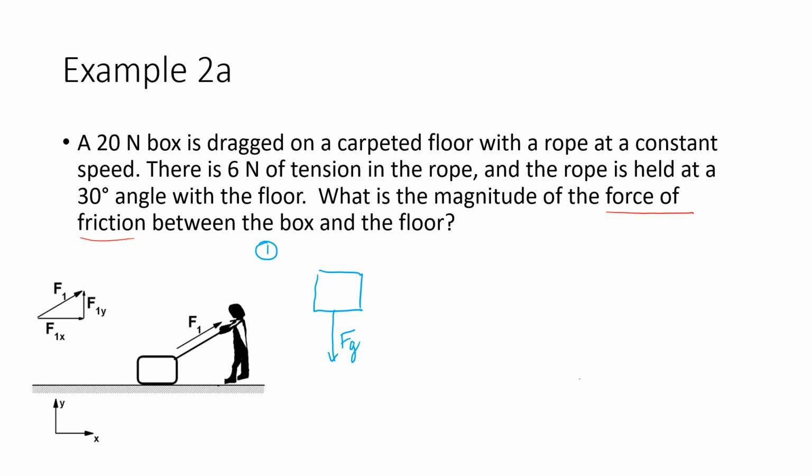We're on a floor, so we have a surface that the box is supported from, and the floor is horizontal. We can see that in the picture, which means the normal force is going to go straight up.